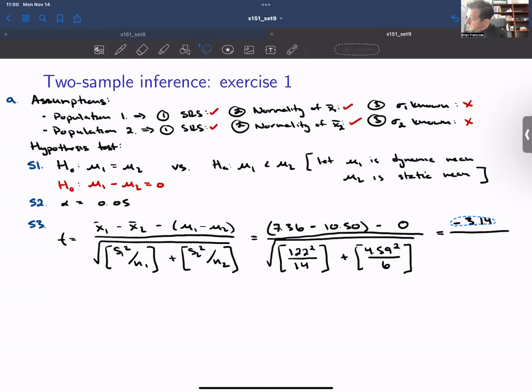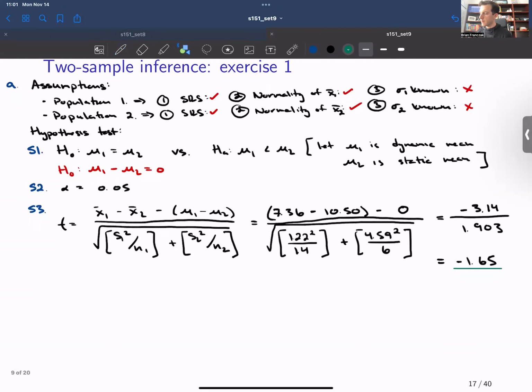And then this is going to be divided by 1.903. So that means that our test statistic here is negative 1.65. So that's the test statistic for this hypothesis test.